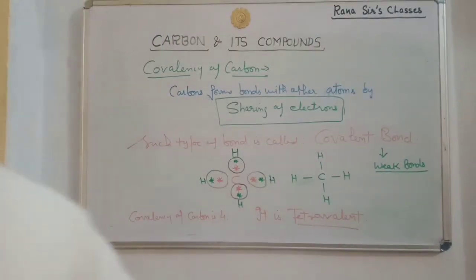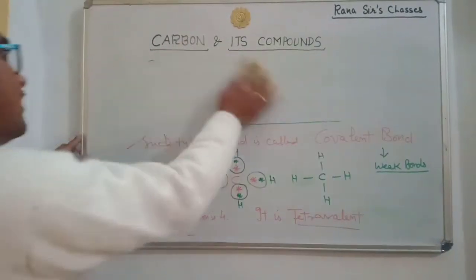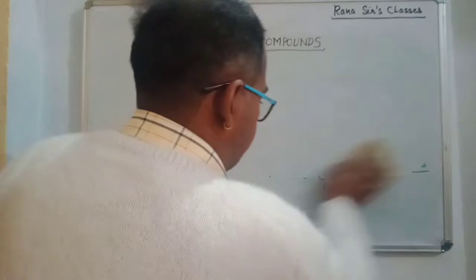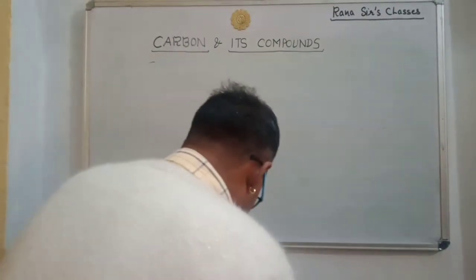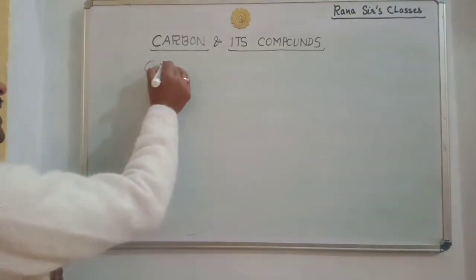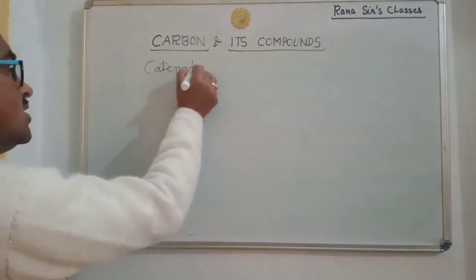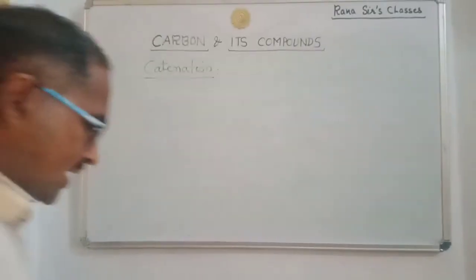And next we come to the next step, catenation. It is also the property of carbon. Now students, what is this catenation?